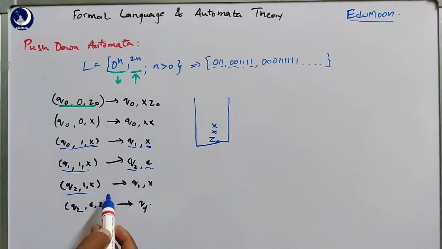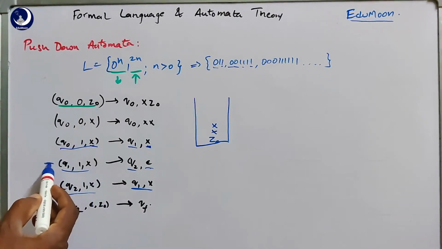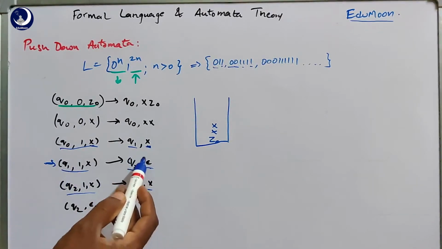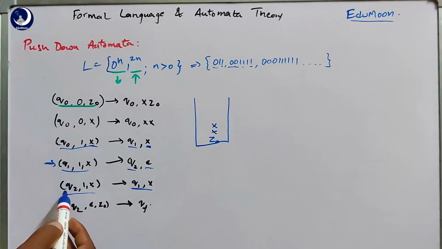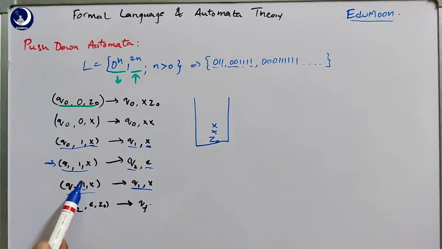Again, q2 does the same thing without changing the stack, going to the q1 state. So in q1 we are popping an element, but in the q0 and q2 states we are not going to pop. We come to q1 for the even-numbered ones. For the odd-numbered ones we remain in the q2 state, so it doesn't do any operation; it just consumes a symbol 1. That is how this works.